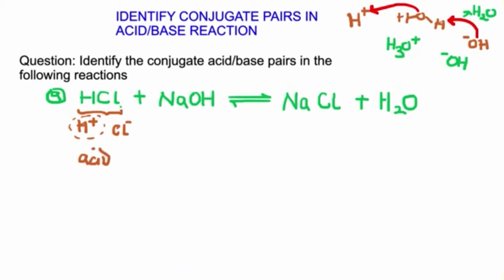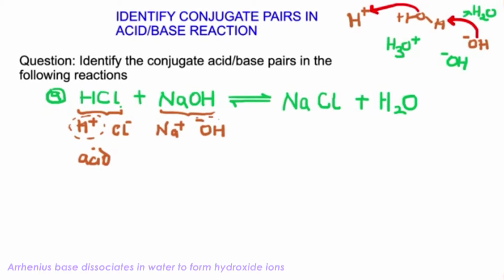And then looking at this other reactant here, if you split this into two, we have sodium plus and hydroxide in solution. The presence of this hydroxide shows that this particular species here is a base.